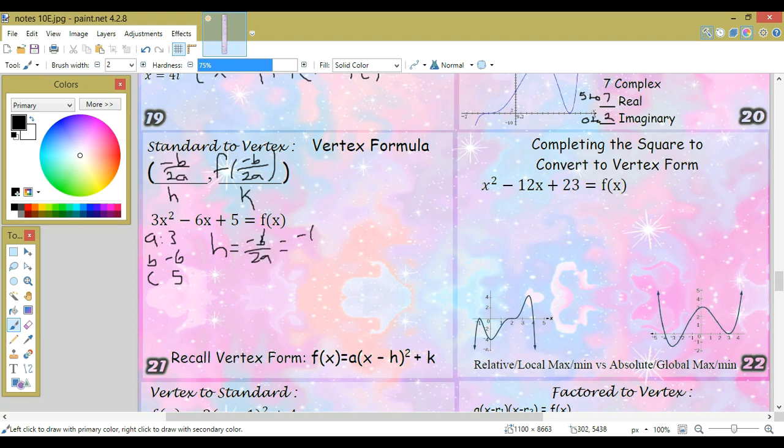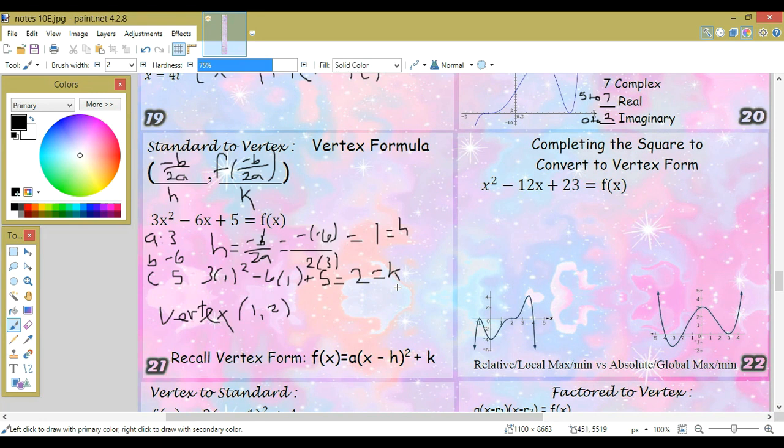So we have negative, parentheses, negative 6, all over 2 times 3. That equals 1. We'll plug that in to find k. And if you work it out, you should get 2. So your vertex is 1, 2.